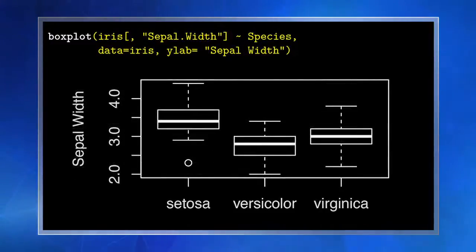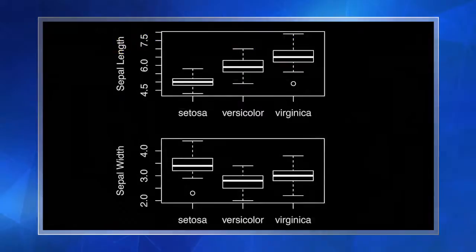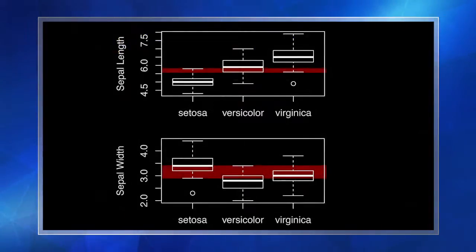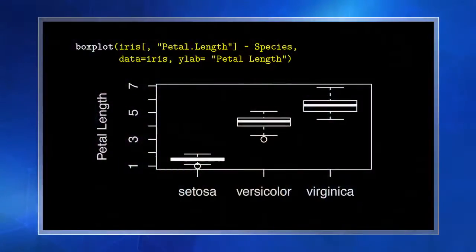Here you see side-by-side box plots for setosa, versicolor, and virginica. And again, notice that's a nice range of your variance. Now, sepal length and sepal width have significant overlap among the groups. Let's see if petal length gives us a bit more separation. Here we see the box plot for petal length by species.